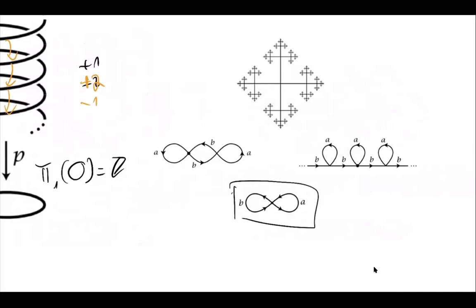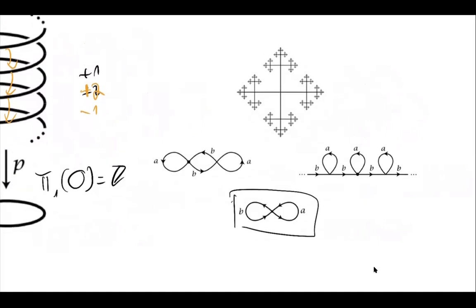So I'm talking about this thing. And you can look at various other covering spaces of the rose with 2 petals, and all of them correspond to subgroups of the fundamental group of this rose with 2 petals, which is just a free group on 2 generators.